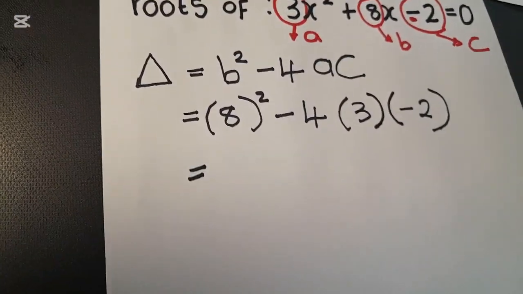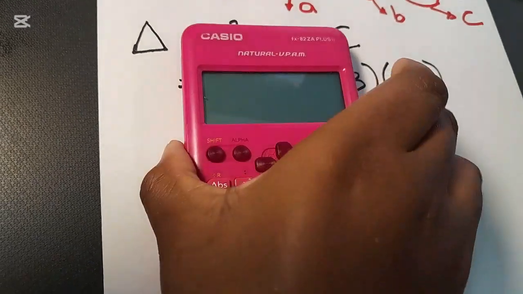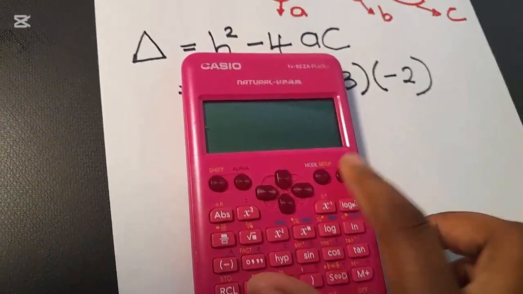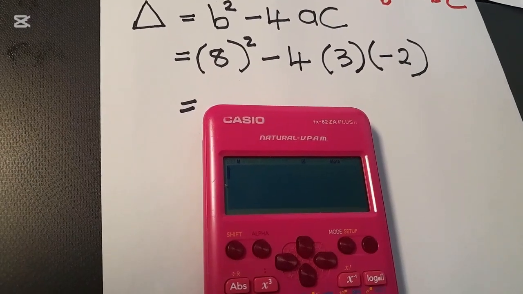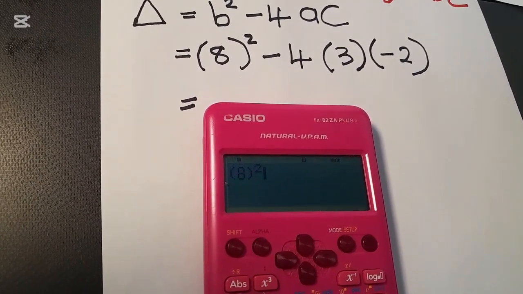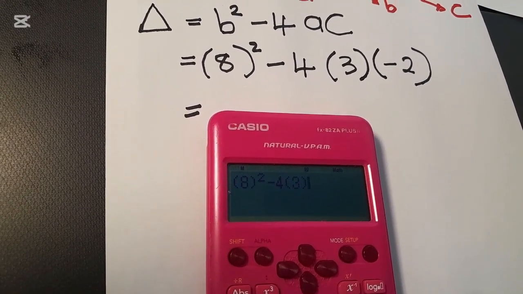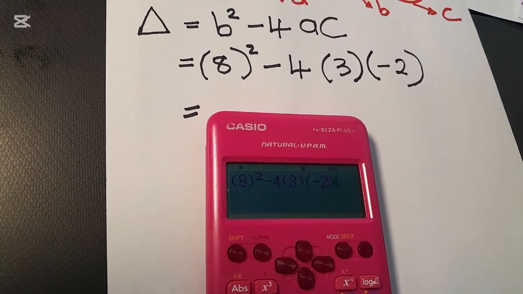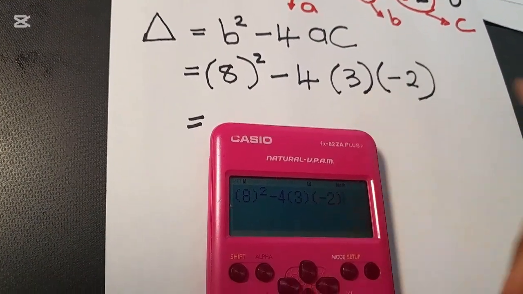Sorry about that, I was trying to grab my calculator, so let me place my calculator here. We're going to press it exactly how it is: 8 squared minus 4, 3, close bracket, open bracket, -2. Don't forget that these two brackets represent multiplication, right?